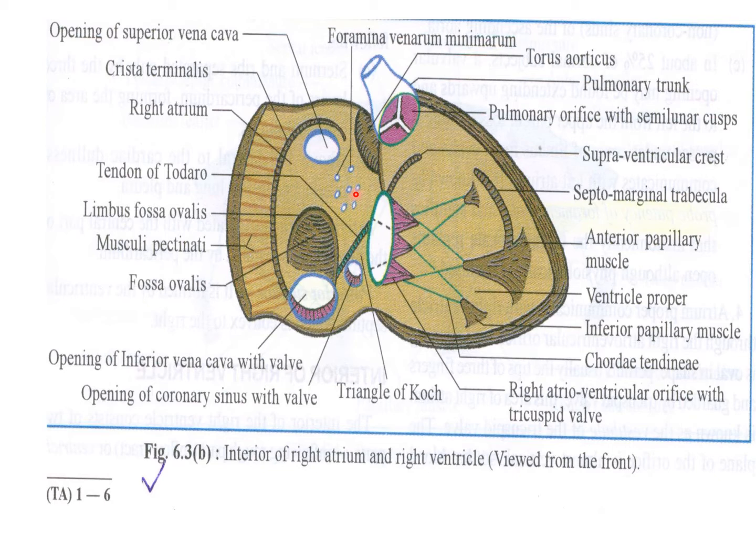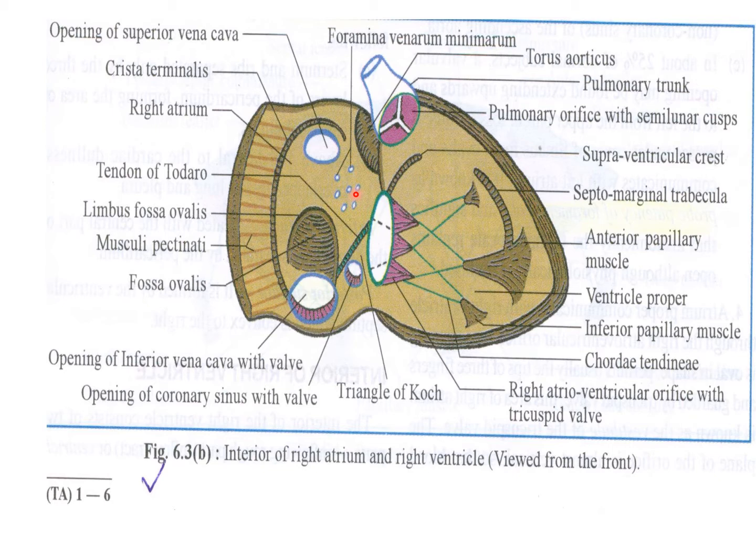The anterior cardiac vein and sometimes the right marginal vein open into the atrium proper through the foramina venarum. So the anterior cardiac vein and right marginal vein open there. This small opening is called the venae cordis minimae or foramina venarum minimarum.